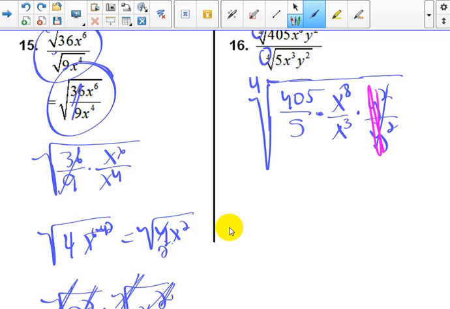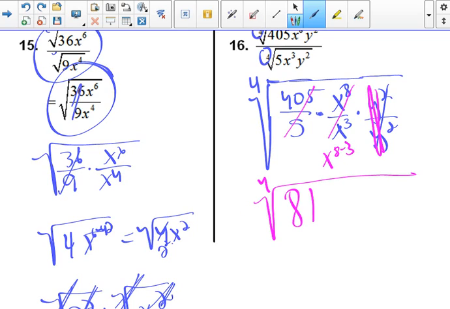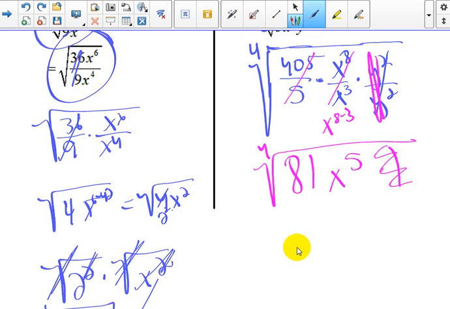Well, 5 goes into 405 81 times. So we have the 4th root, so that simplifies to 81, and this is going to be x to the 8 minus 3, or x to the 5th times 1. So anything times 1 is 1. Now we need to rewrite these in factors of powers of 4.